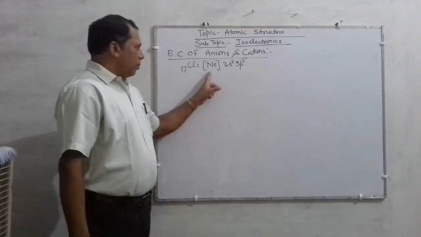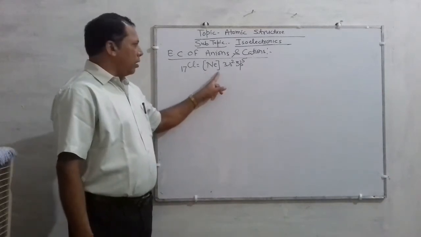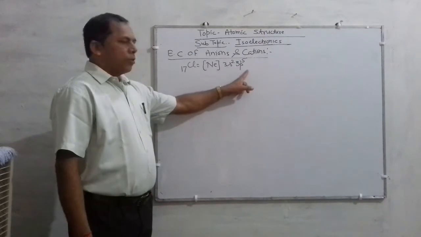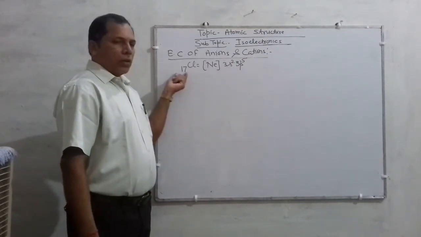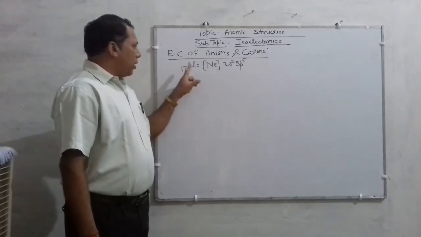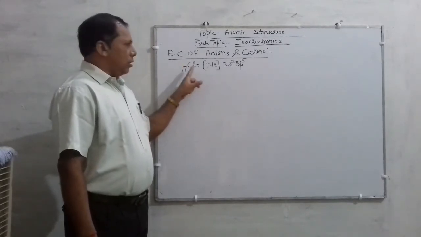Children, just write the configuration of neon and go next 3s2 3p5. That represents 17 electrons, and the 17-electron element is chlorine.